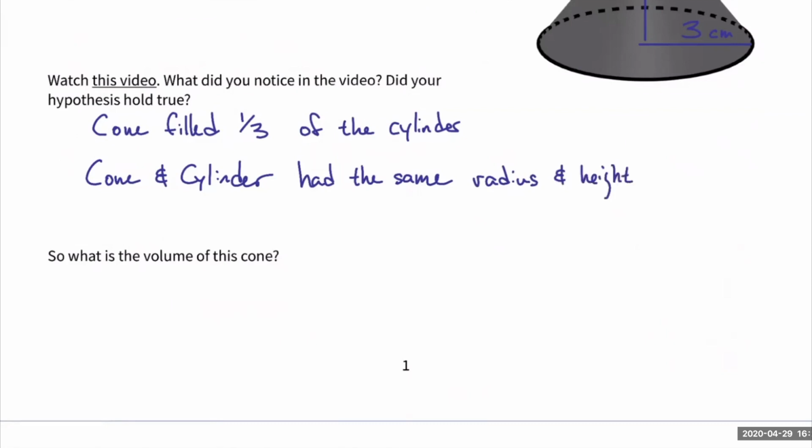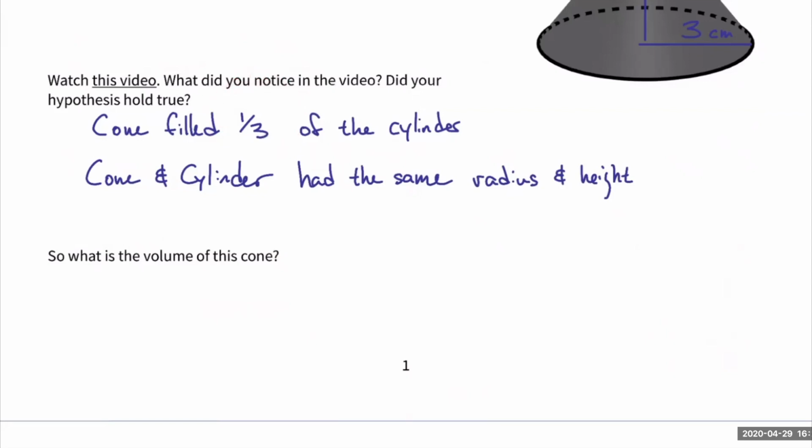Right, that bit is important because our understanding of how cones work only operate in relationship to cylinders with the same dimension, right? So if you have a cone and you have a cylinder, but they have different radii or they have different heights, then this whole thing with the 1/3 doesn't work, all right? So they need to have the same radius and height.